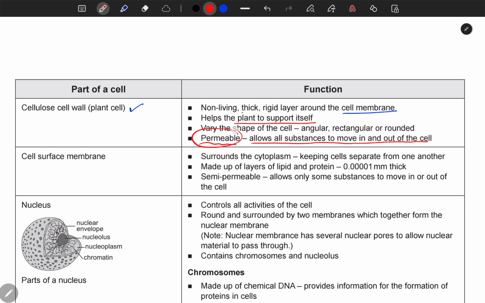That's what we mean by being permeable. It allows everything; it's not selectively permeable. But the cell membrane, on the other hand, is semi-permeable, meaning it allows only some substances to move in and out of a cell. That's the difference between these two parts of the cell.